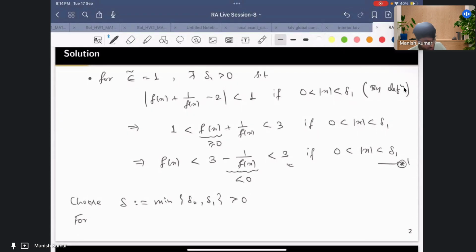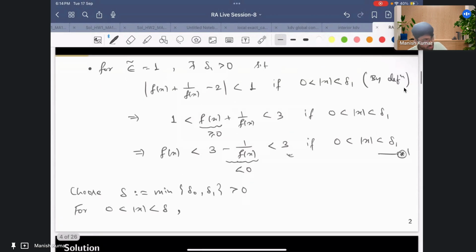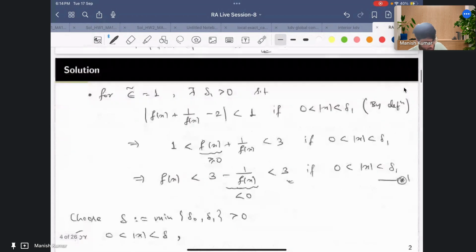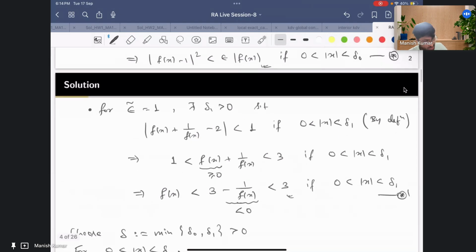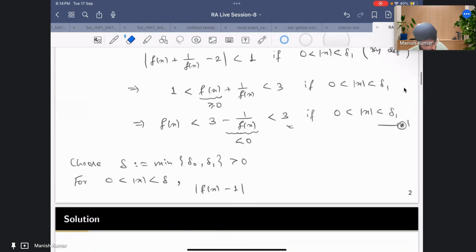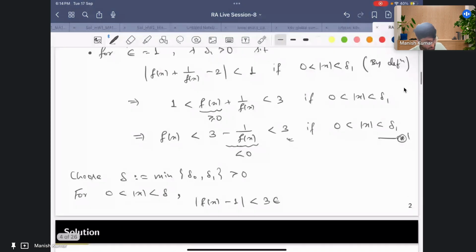So it will be delta naught, delta 1. So now for 0 less than mod of x less than delta, both of these inequalities will be true. So what I can say is mod of f(x) minus 1 is less than, now this f(x) is bounded by 3, so I can replace it by 3 times epsilon, and now I can say that this is less than, okay, so maybe I can start with epsilon by 3.